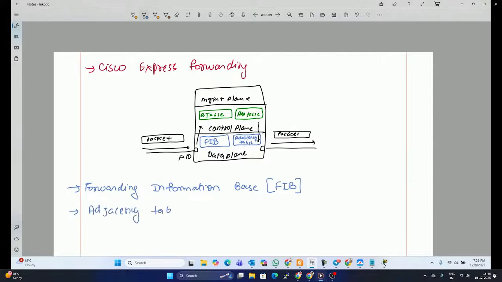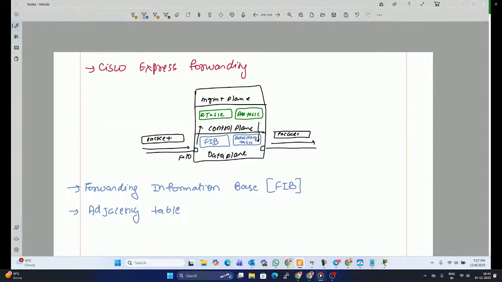The adjacency table is created with the help of the ARP table and FIB is created with the help of the routing table. Then the packet will come to the data plane and be forwarded through the data plane. You don't have to involve the CPU all the time. So this is what CEF is, Cisco Express Forwarding.